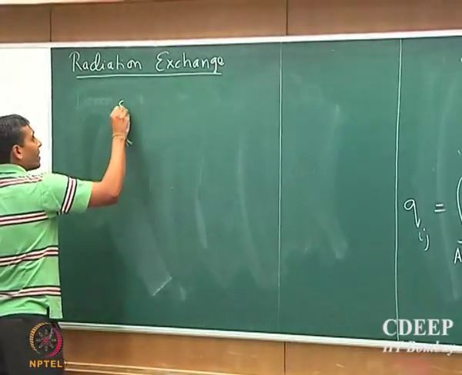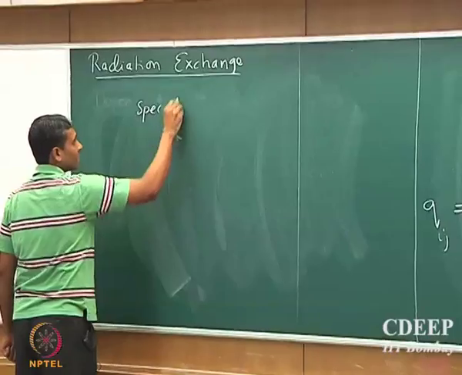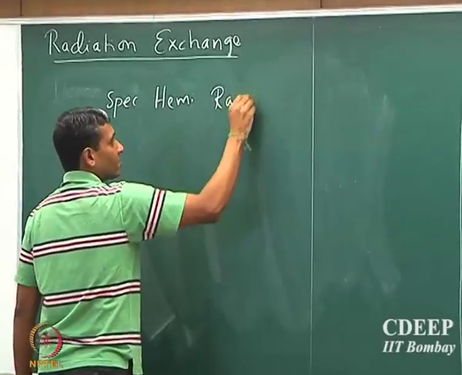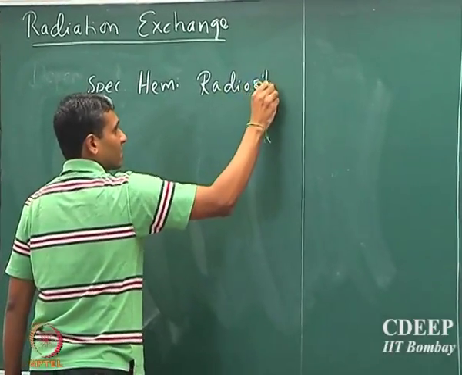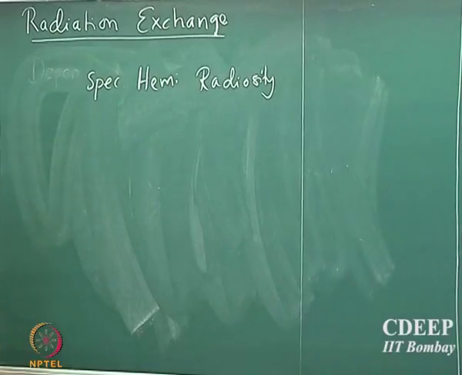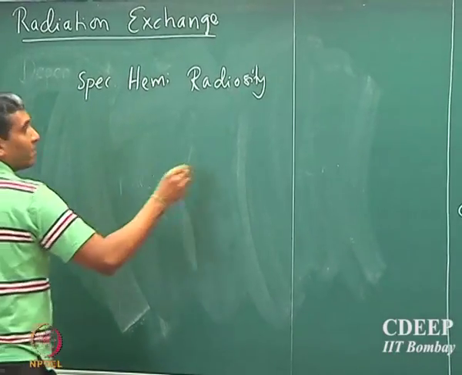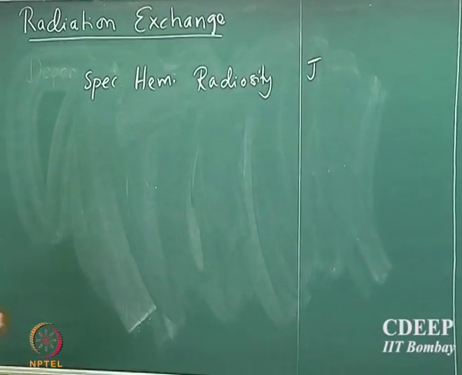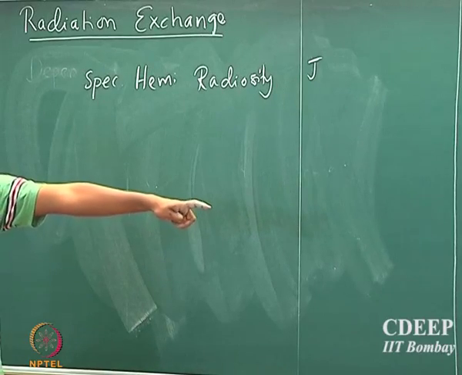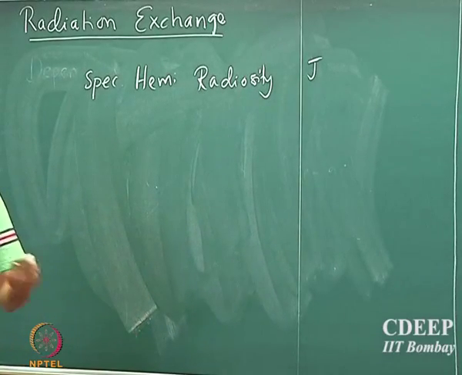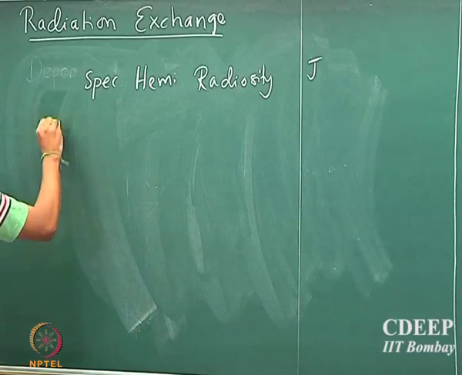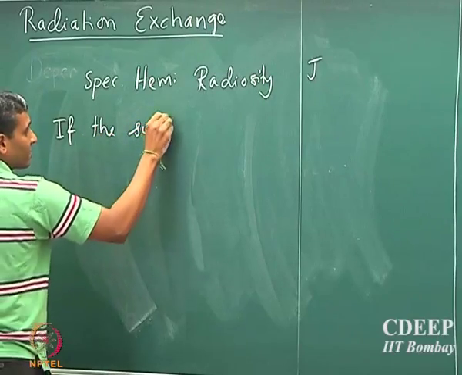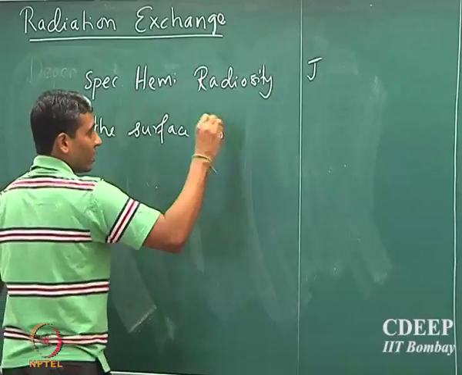Now, the spectral hemispherical radiosity is given by, the symbol I use is J. Supposing the intensity were to be diffuse, so it's a diffuse emitter.